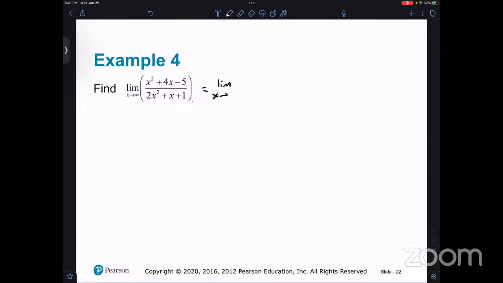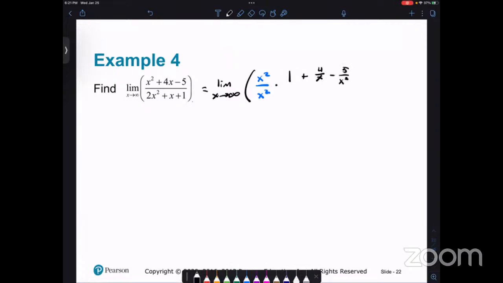Now on top, if we factor out x squared, I want to factor out 1 in this form. So on top, that's going to leave us with 1 plus, if we factor out x squared from the next one, 4 over x minus 5 over x squared, divided by 2 plus 1 over x plus 1 over x squared, okay?